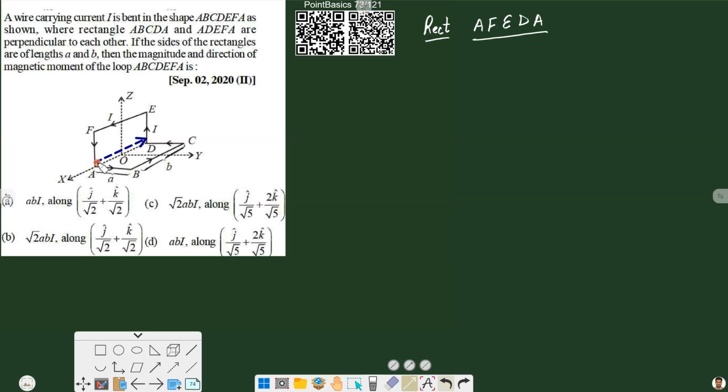We added a path for current from A to D, so we must add a reverse path from D to A, so that the net current in this path is equal and opposite, and the net current becomes zero.